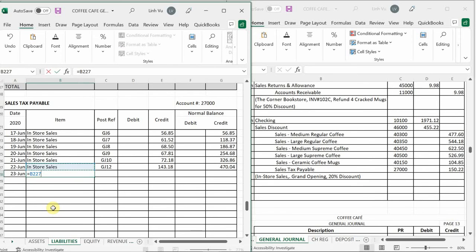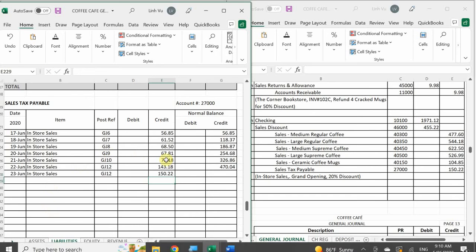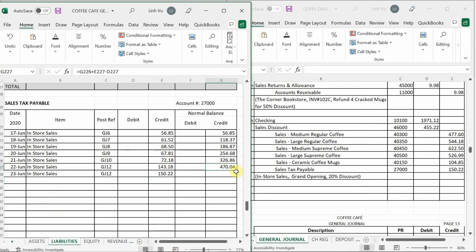In-store sales for $150.22. So that should give me my account balance to be $620.26. And that concludes this section here.